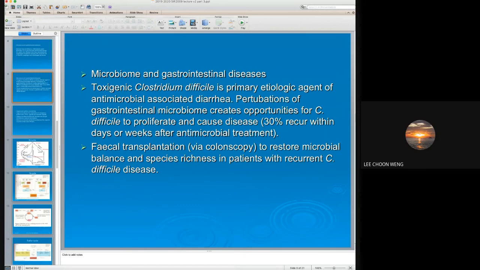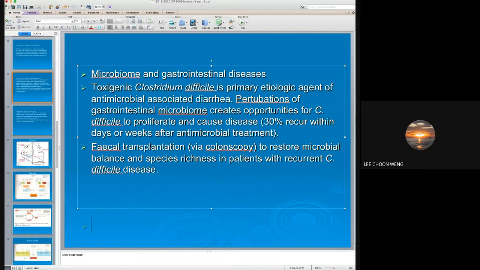So this is very difficult to remove, to a state that doctors in America have now adopted fecal transplantation to restore the microbial balance and species richness in patients with recurrent Clostridium difficile disease.